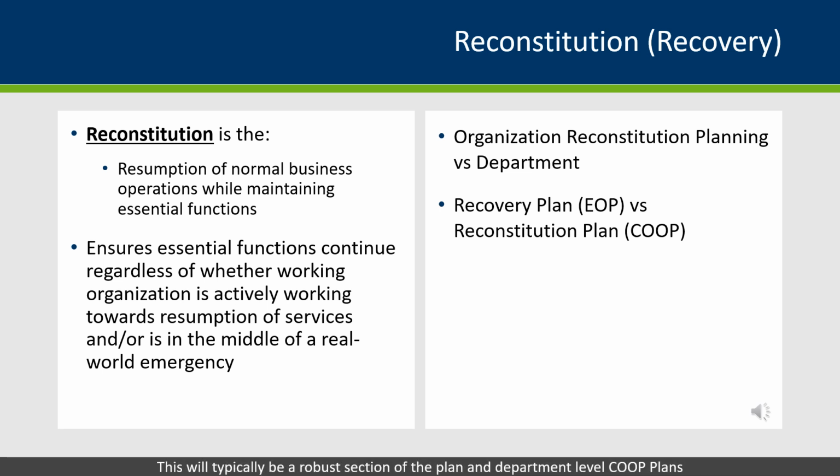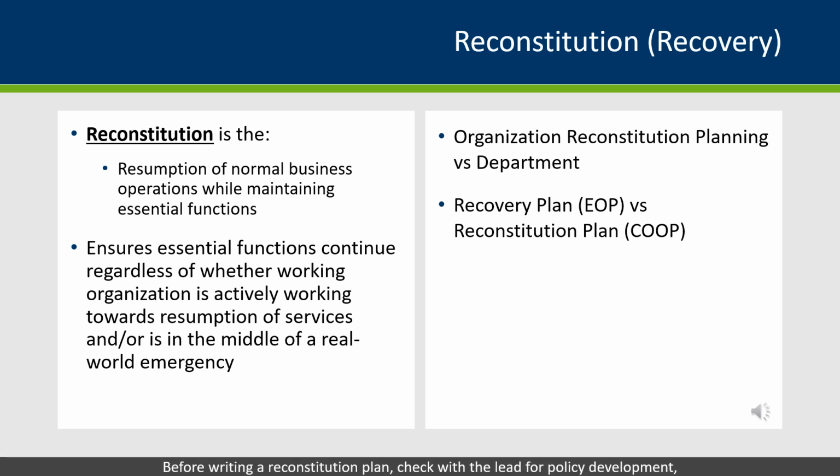This will typically be a robust section of the plan, and department-level COOP plans may point to the organization's COOP plan for how their individual department would look to leadership for guidance and direction on how to approach reconstitution for their individual department. Finally, the facility may already have a recovery plan as an annex to its EOP.